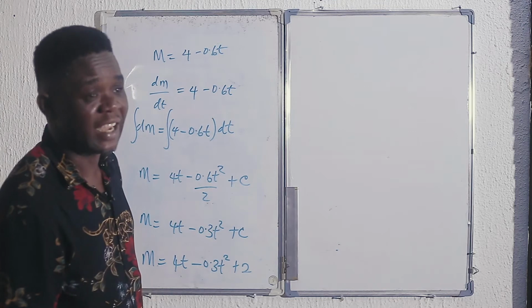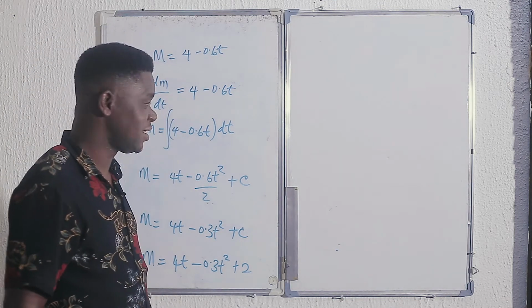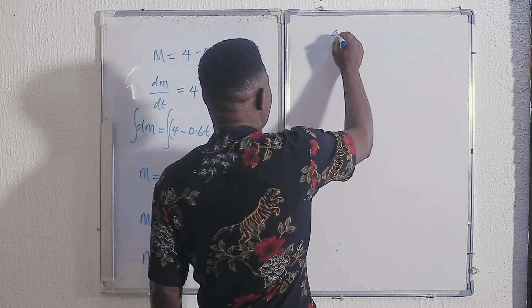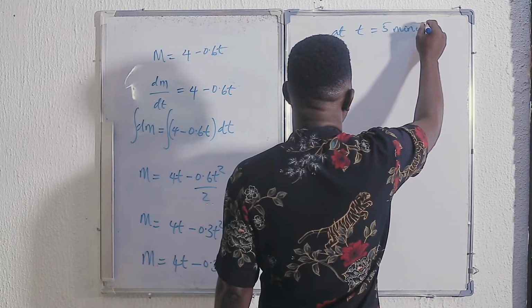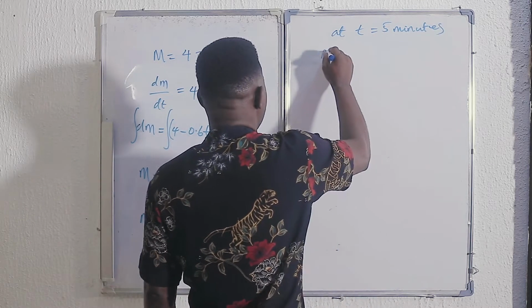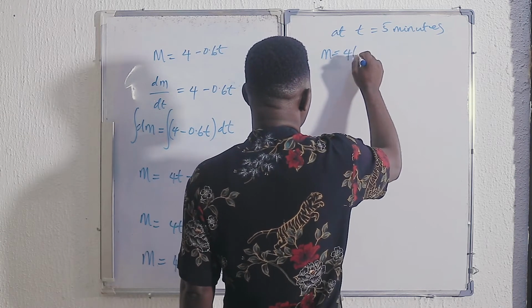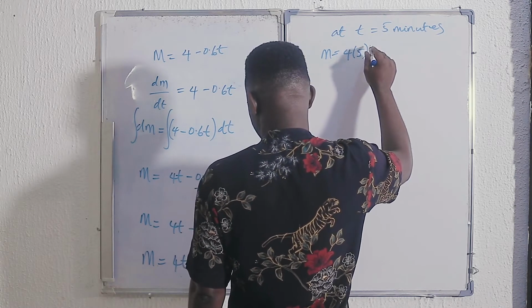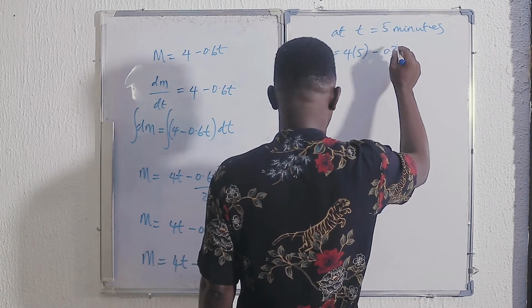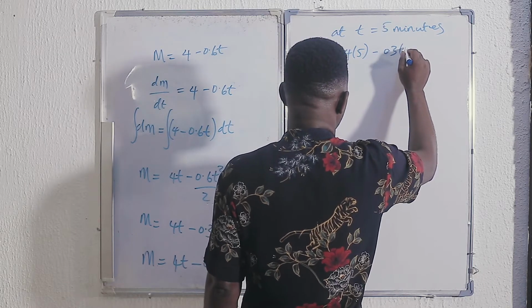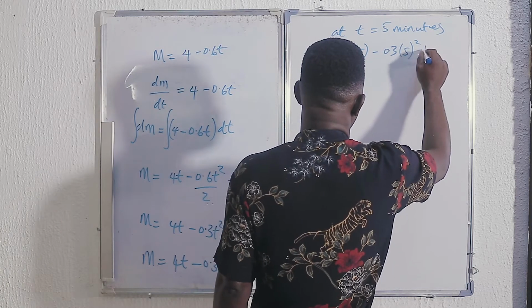Now we are asked to find the mass after 5 minutes. So at t equal to 5 minutes, m is equal to 4 times 5 minus 0.3 times 5 squared plus 2.